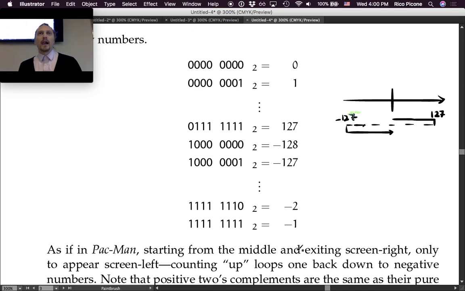Does binary have negative numbers? So that's what we're doing here. That's what we're representing. So we're saying that these are negative numbers.